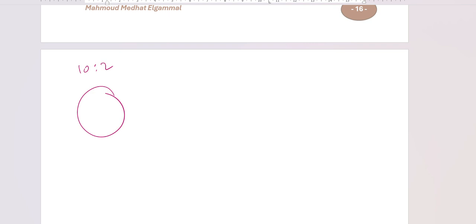It's measuring 10 degrees. And we have the 24:2 and it's bear-shaped. So it's measuring 24 degrees superiorly, inferiorly, nasally, and 30 degrees temporally.